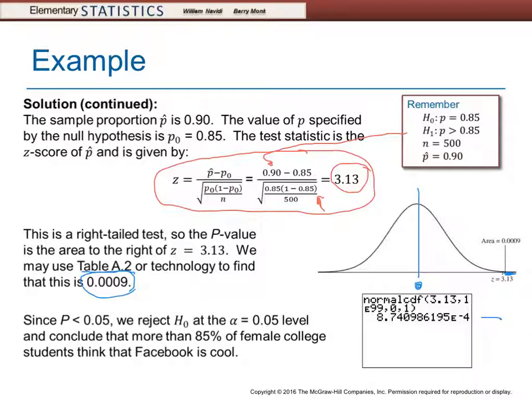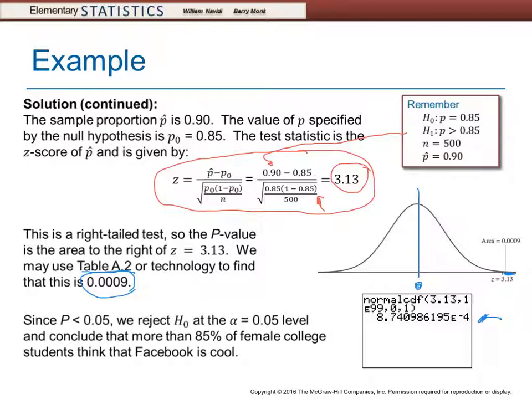We've also done it using technology. We can find the area to the right under the standard normal curve, and we see that it's 8.74 times 10 to the negative fourth power, which is very close to 0.0009 when we round.